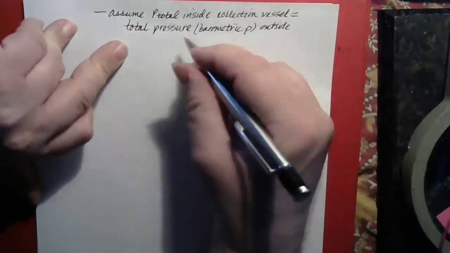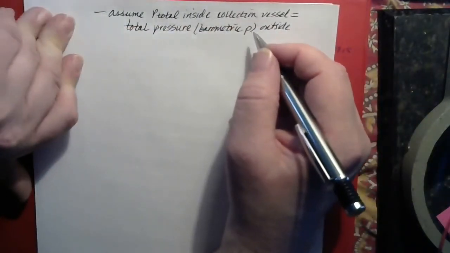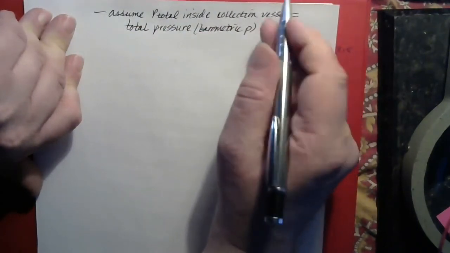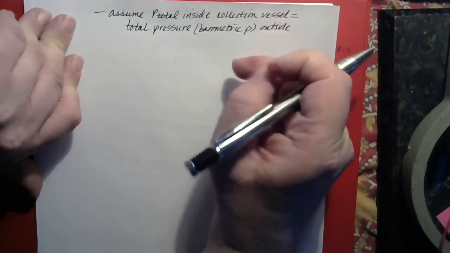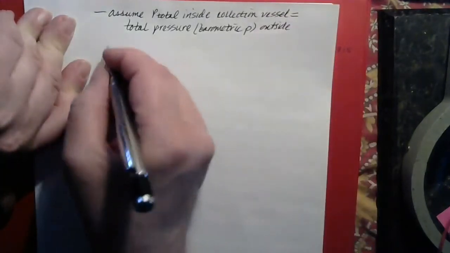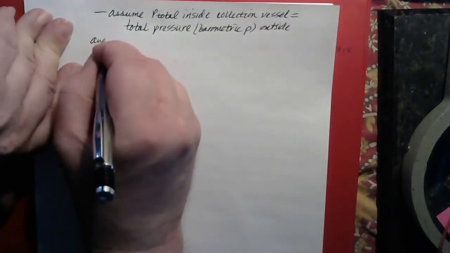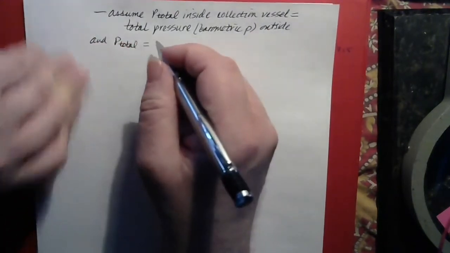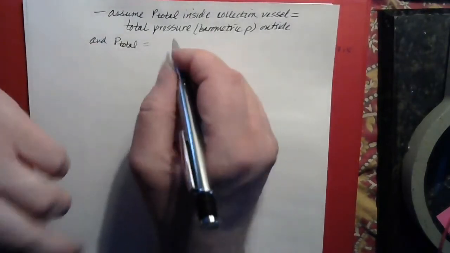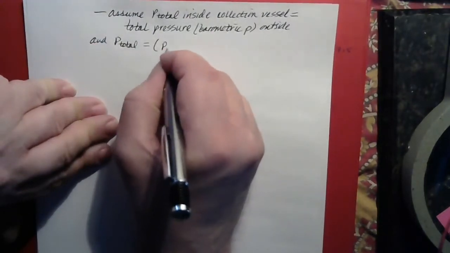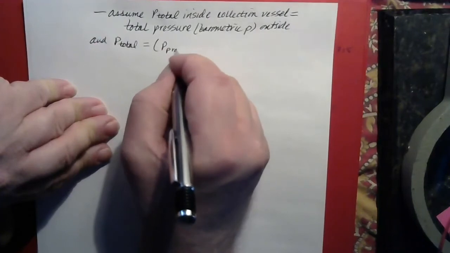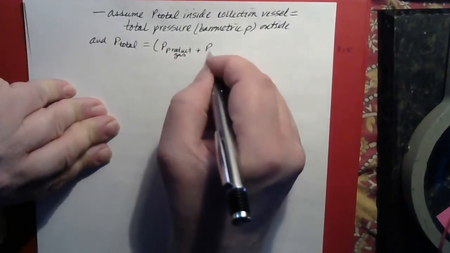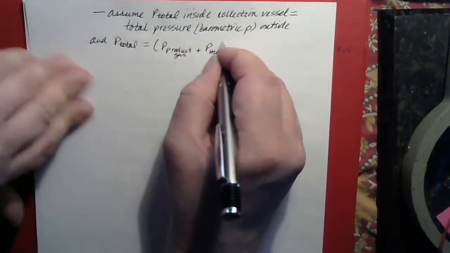And the total pressure outside is just the barometric pressure. You can look at a barometer for that. And the P total inside, which will be the same as the P total outside, is actually the partial pressure of the product gas plus the vapor pressure of water.